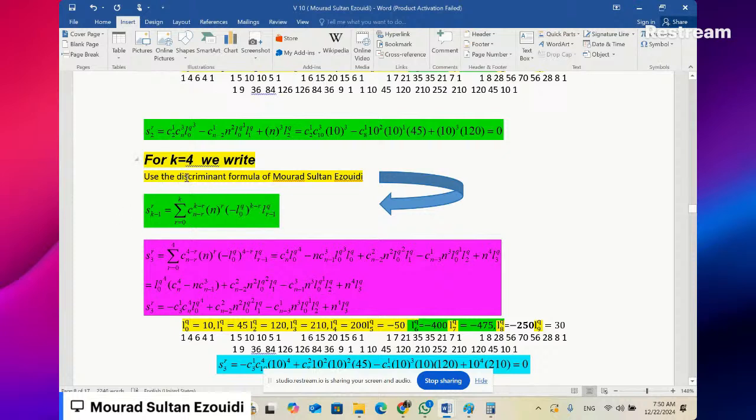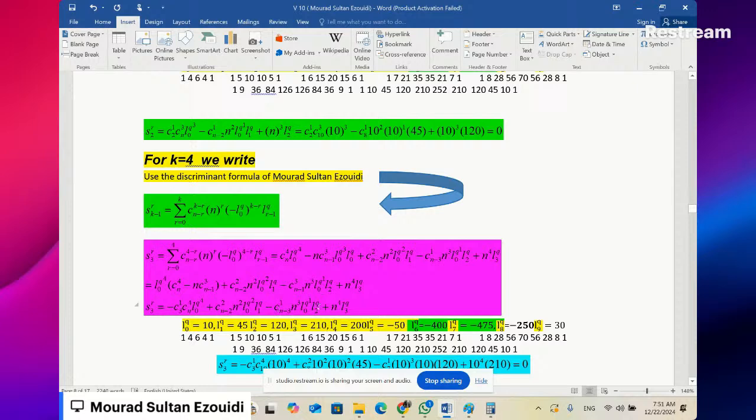After simplifying and writing this in its lowest terms, I will focus on the last one, which is S3 equals negative combination 3 choose 1 times combination n choose 4 times L0 raised to the power 4, plus combination (n minus 3) choose 2, n squared L0 squared times L1, minus combination (n minus 3) choose 1, n cubed times L0 raised to the power 1 times L2, plus n raised to the power 4 times L2. This formula will give you the fourth degree polynomial equation.